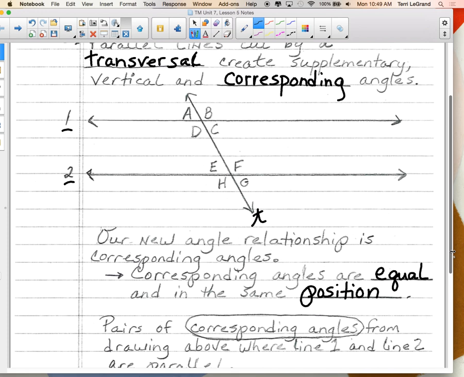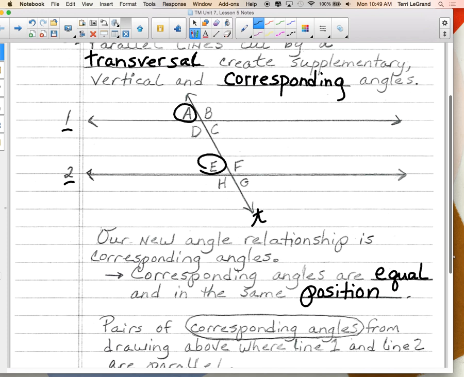Tyler? B. I'm going to say no. E. Yes, it's E. Angle A is in the same position as angle E.